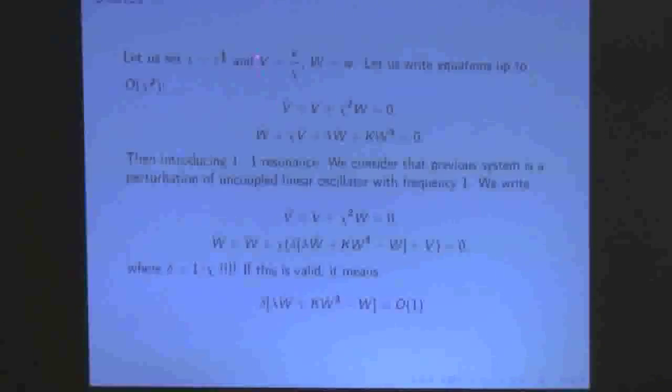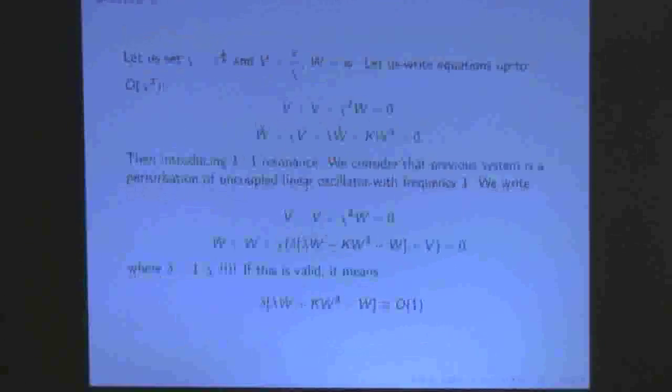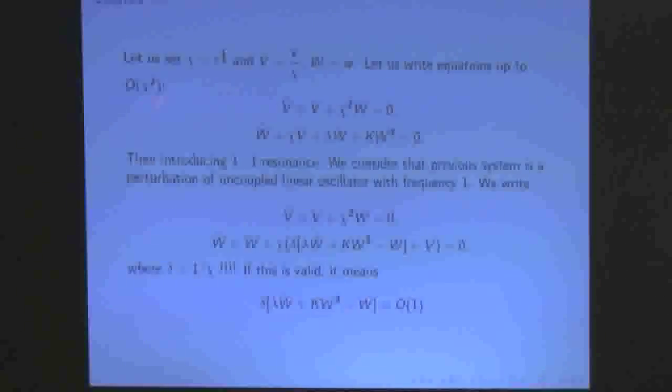I rescale the system, writing capital V as small v divided by chi, and capital W equal to w. I write again these equations in terms of capital V and capital W, but I keep only the main orders of chi. So you obtain this system.